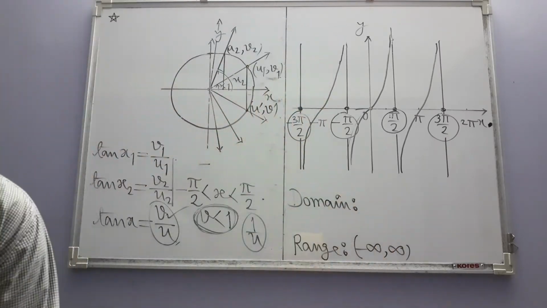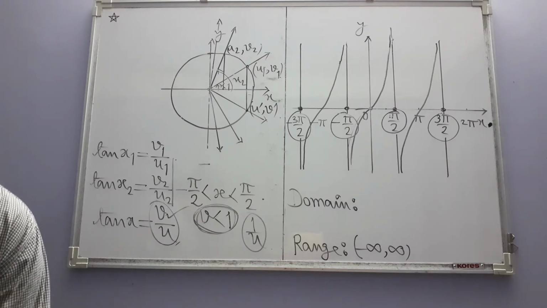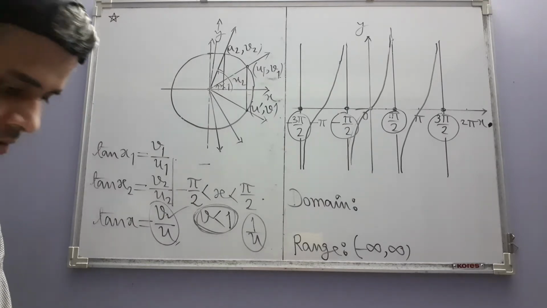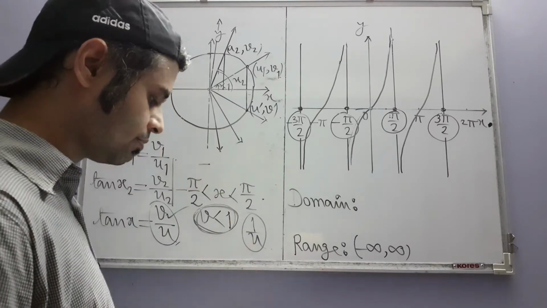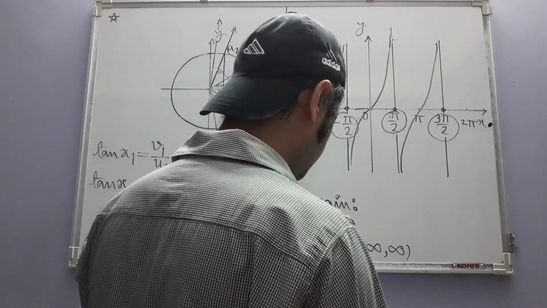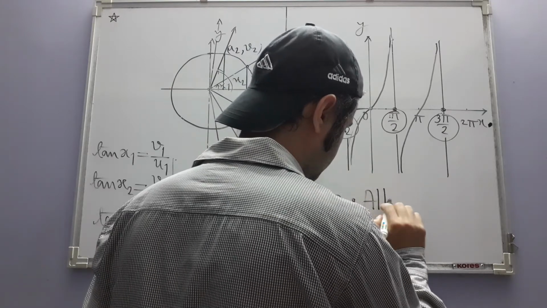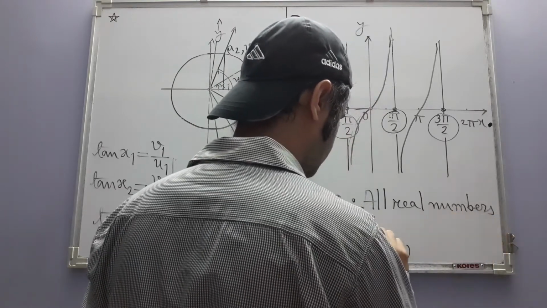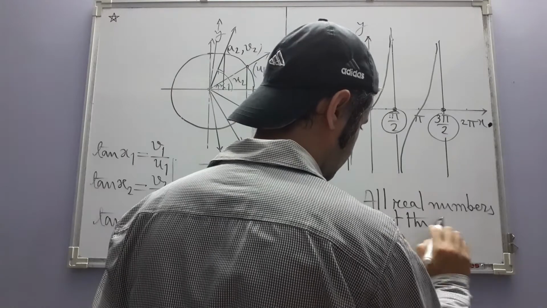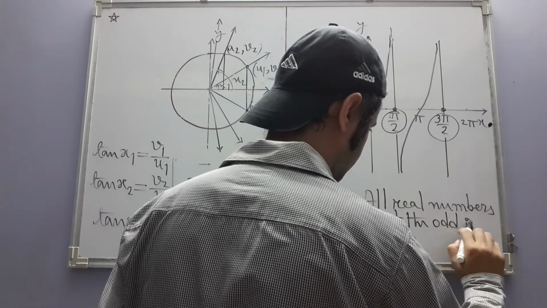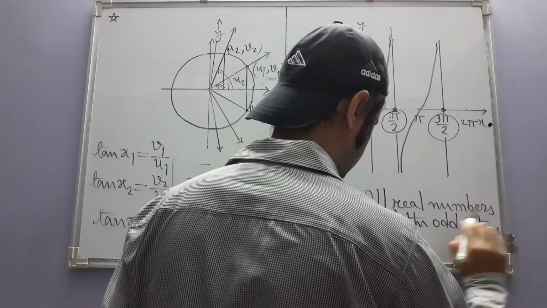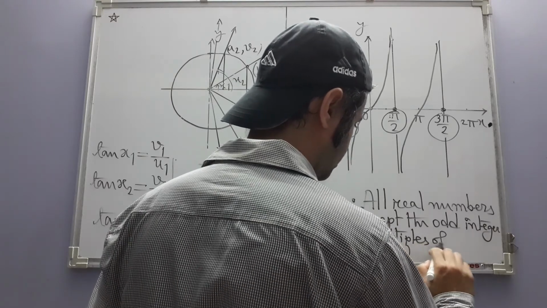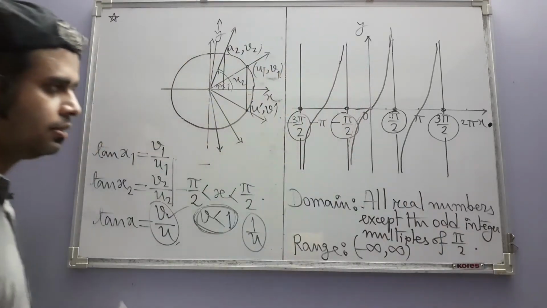So how have the authors written it? In terms of words, I think you can write in whatever way you want to write, but the authors have written like this: all real numbers except the odd integer multiples of pi divided by 2.